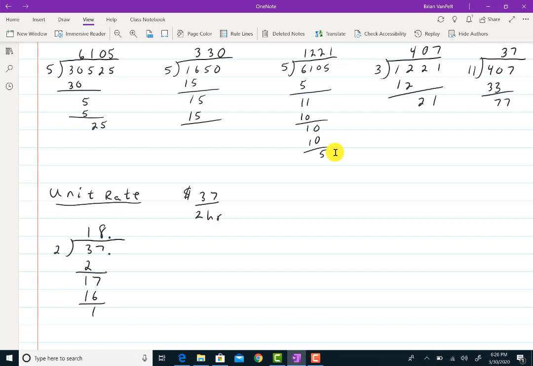Put my decimal so I can bring down a 0. 2 goes into 10 5 times. And it turns out to be exactly 18.5. Of course, you never say to somebody $18.5. You usually say $18.50. So something like that is what you're going to want to put instead of 18.5.